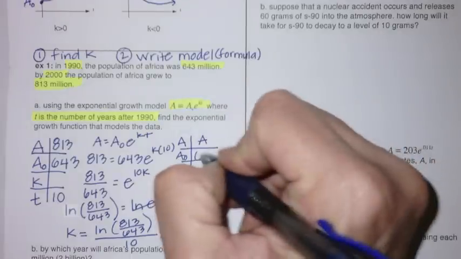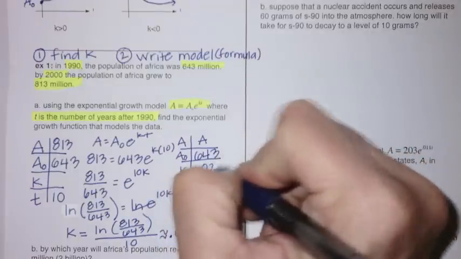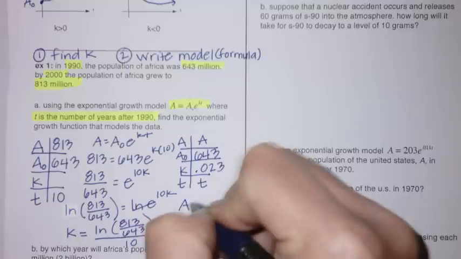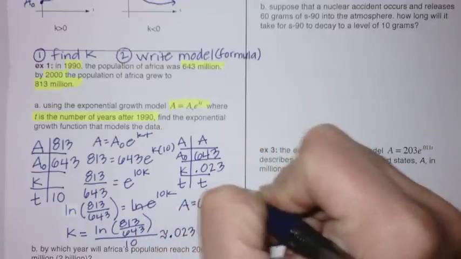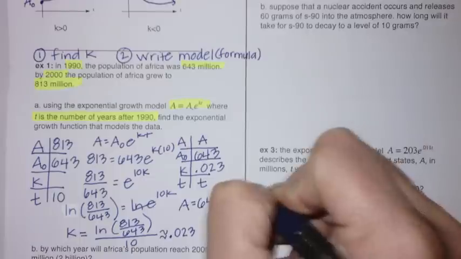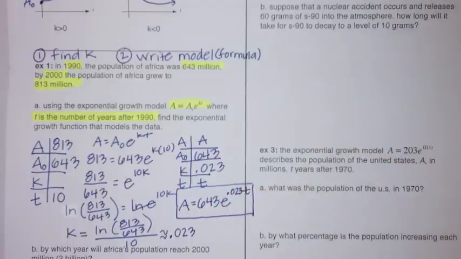Your initial amount was still 643, and your k is 0.023, so your equation is A equals 643 e to the 0.023t. So your formula should have variables left in it, is my point. Should not have k left in it though.